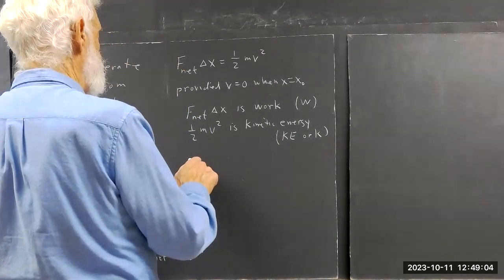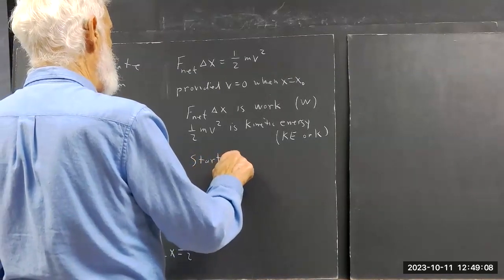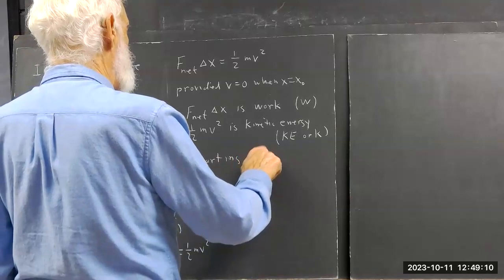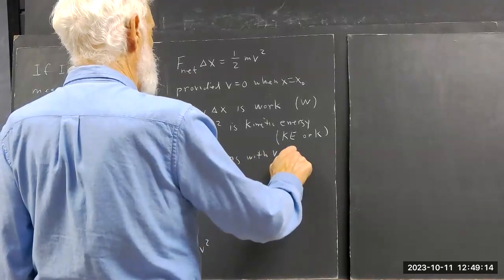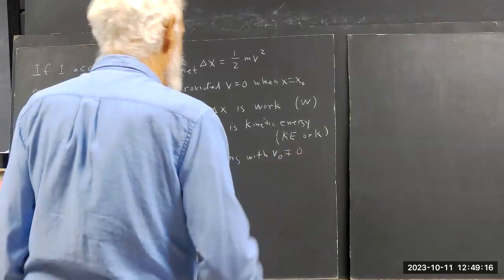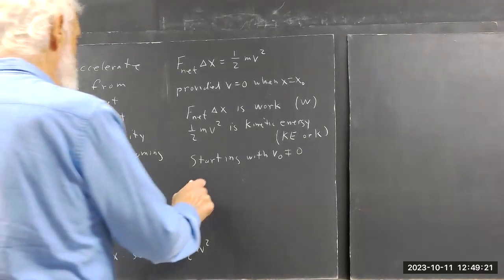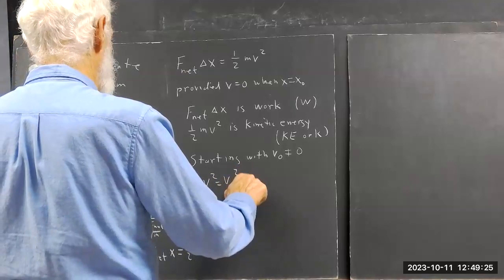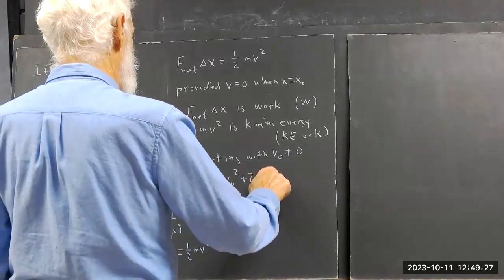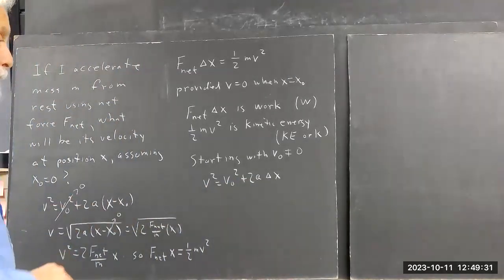Now, we start with V naught not equal to 0. Well, we're going to use delta x for x minus x naught.